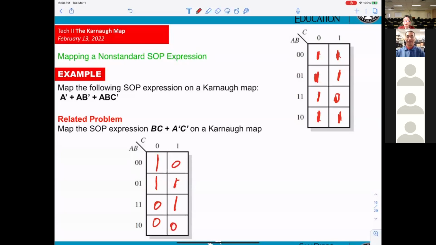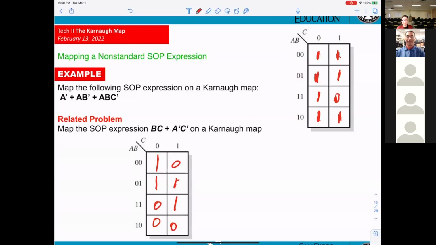Hey, Mr. Pham, so basically you're saying when you have, say, the first example, if you only have one term or two terms, you just worry about that one term only, and everything else is don't care.